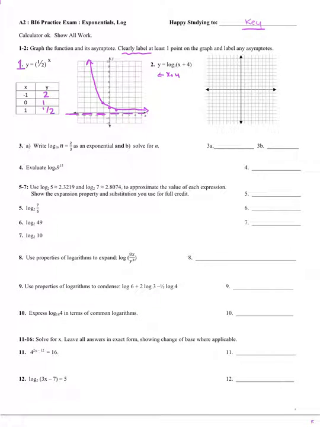So 1, 2, 3, 4, your asymptote will be here at x equals -4, and the point that was at 1, 0 is going to move back to -3, 0. That's kind of a high graph there. This is just a sketch. So -3, 0 is where you're going to cross. You want to make sure you give me that 1 point and make sure you label your asymptotes.